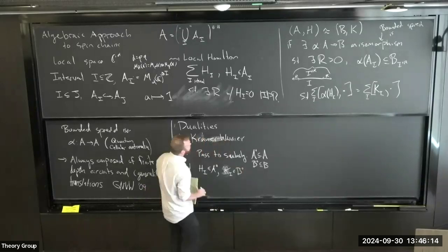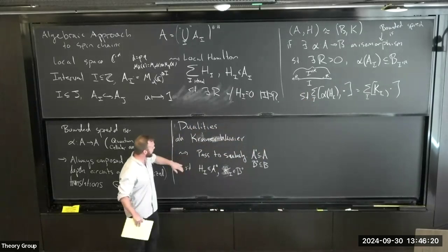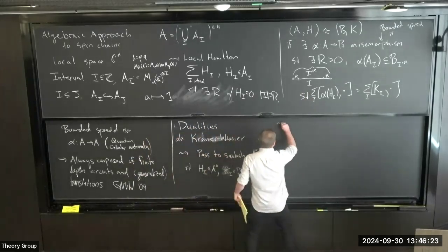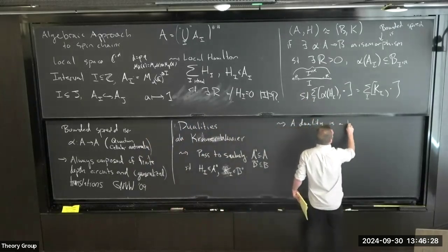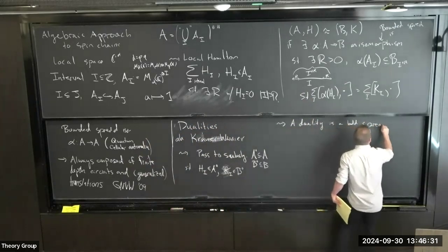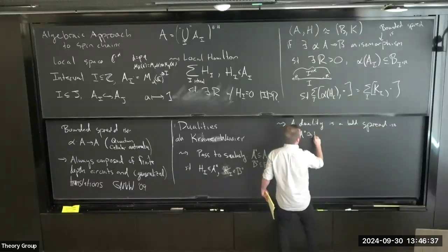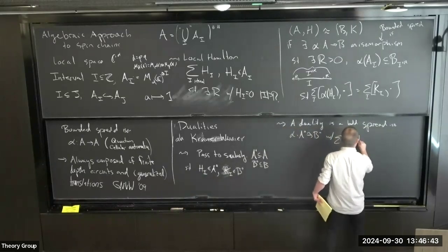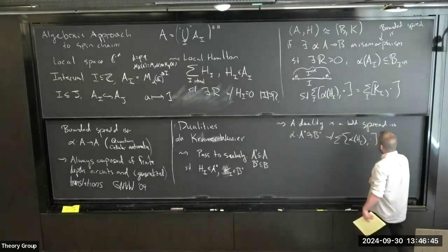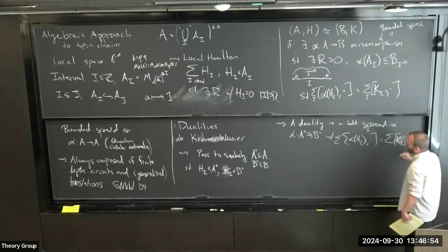And then you ask for the same thing to be true, but with a bounded spread isomorphism between A° and B°. So then a duality is a bounded spread isomorphism alpha from A° to B° with the sum of alpha of h_i equal to the sum of k_i, the same thing. Okay, and so that's what we mean by duality.